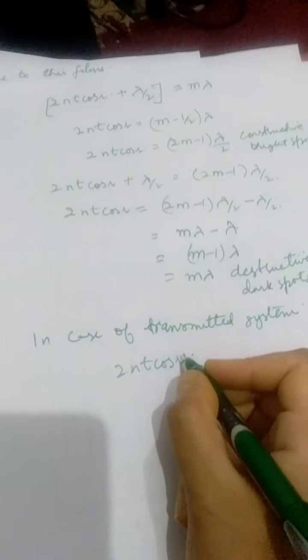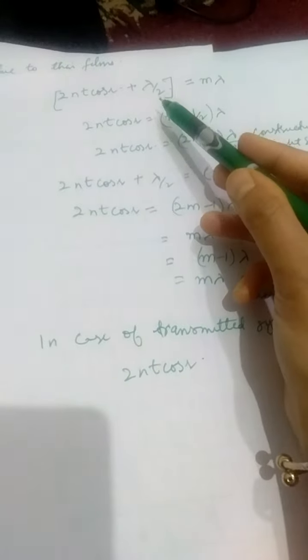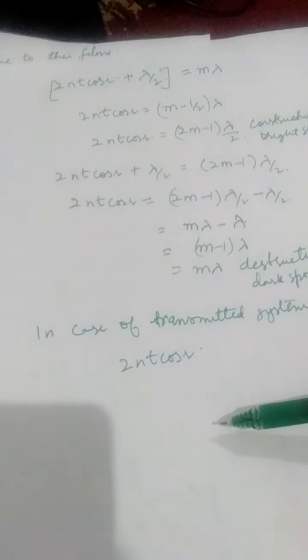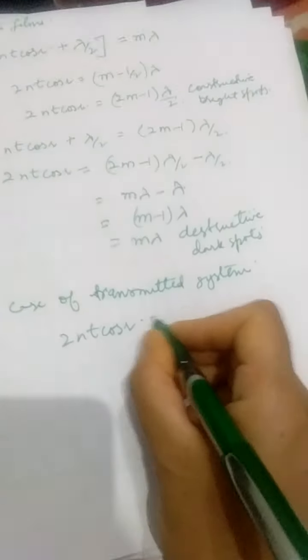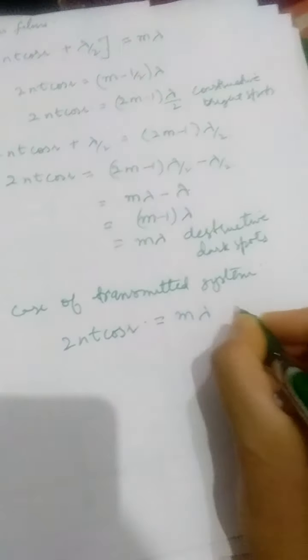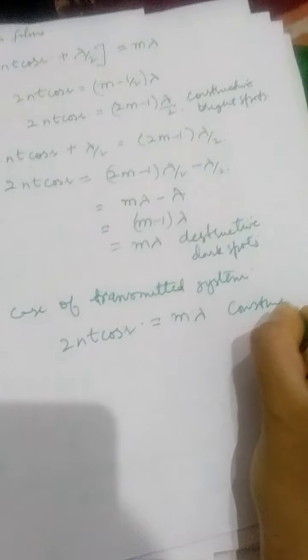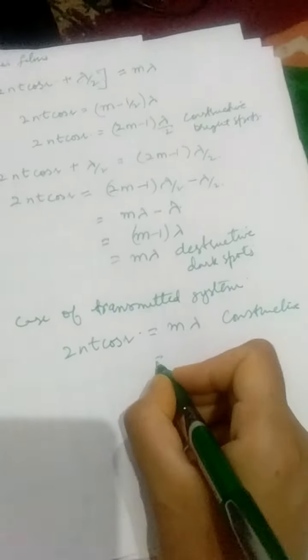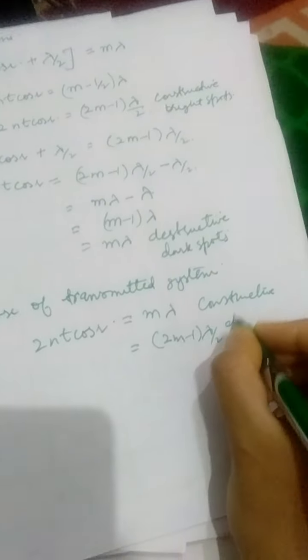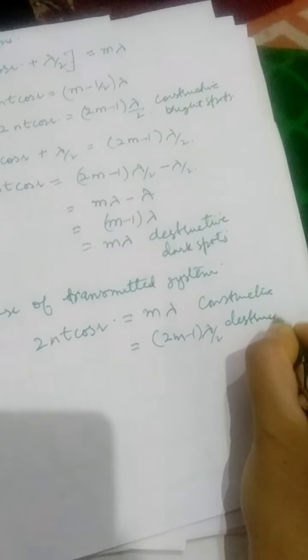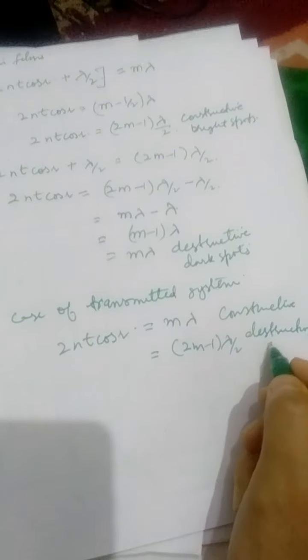But this time we are not going to add a factor of lambda by 2 because no reflection is involved in case of transmitted rays. So we will put this factor directly equal to m lambda for constructive interference and put this factor equal to 2m minus 1 lambda by 2 for destructive interference. This will give us bright spots and this will give us dark spots.